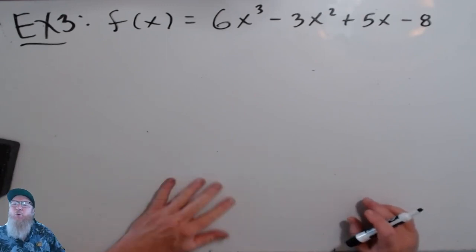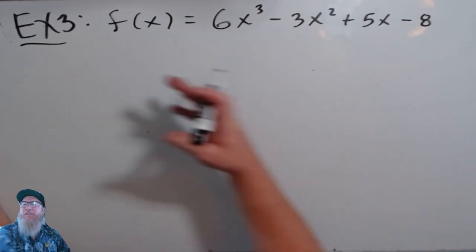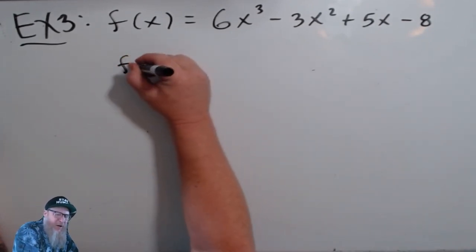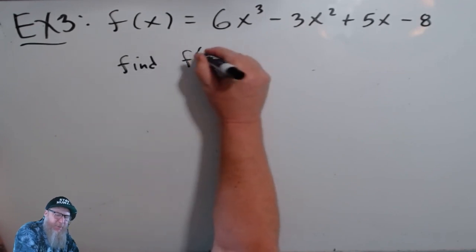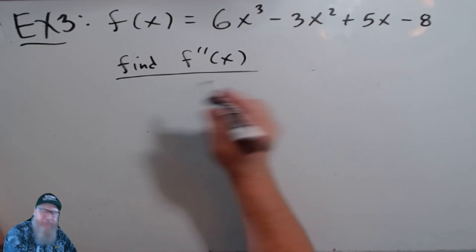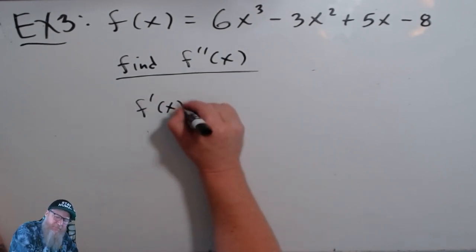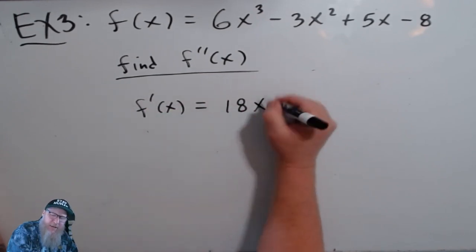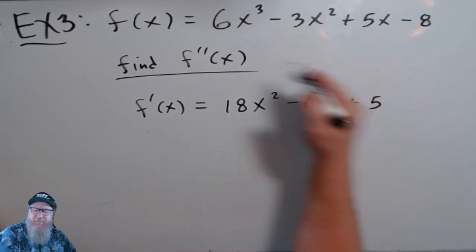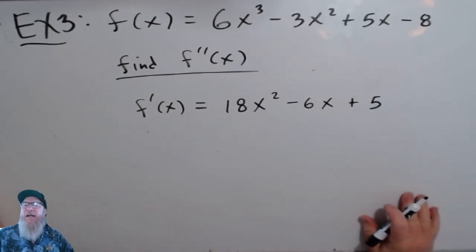I'm not going to do any word problems today, but I just thought I'd mention that as we do the next couple problems. So let's find f double prime of x. First you have to find f prime. Polynomials are by far the easiest examples to differentiate.